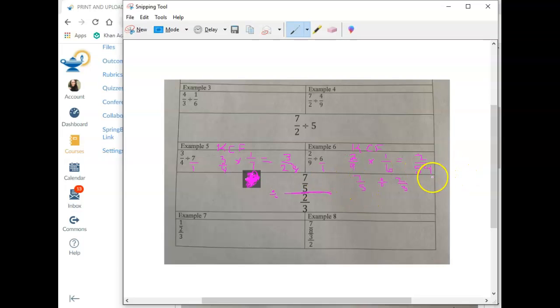Then I just go back to what I know. Keep, change, flip. So I keep 7 over 5 the same. Change division to multiplication and flip to 3 over 2. And Takao has already got it. He says 7 times 3 is 21. Yeah, 5 times 2 is 10. Awesome, guys.